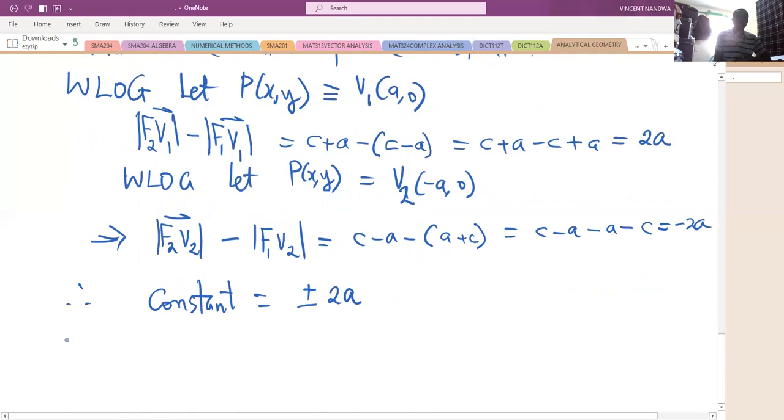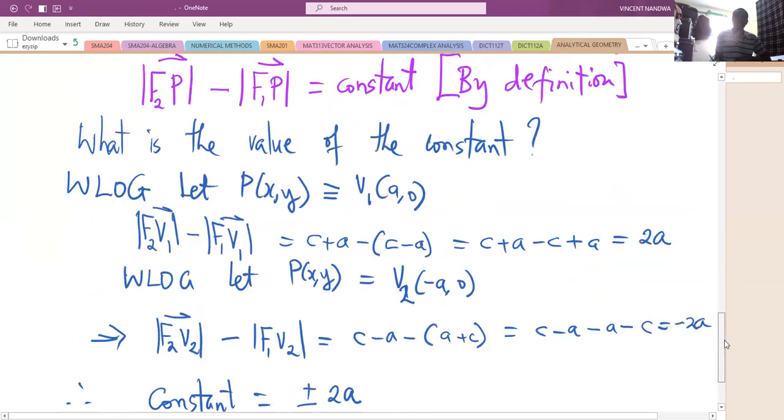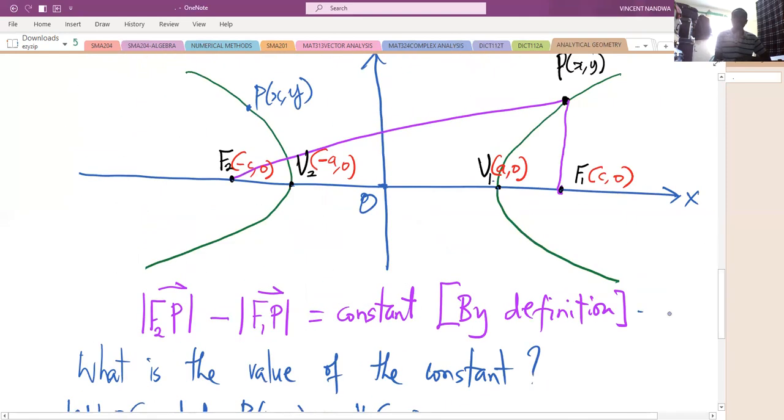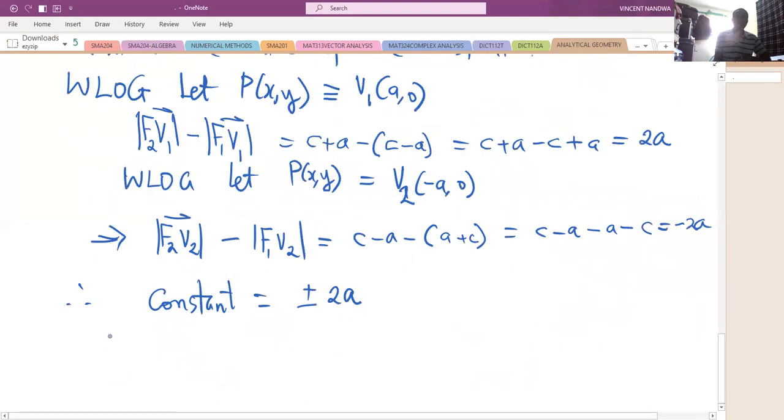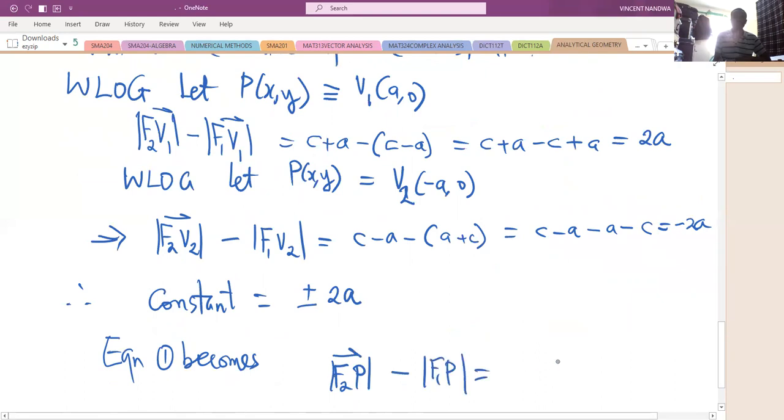Therefore, let's call this one equation 1. So equation 1 becomes F2P minus F1P equals plus or minus 2A.